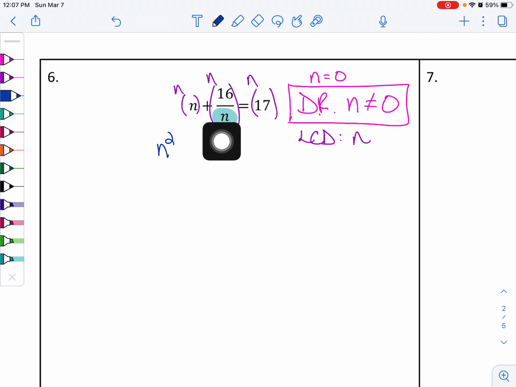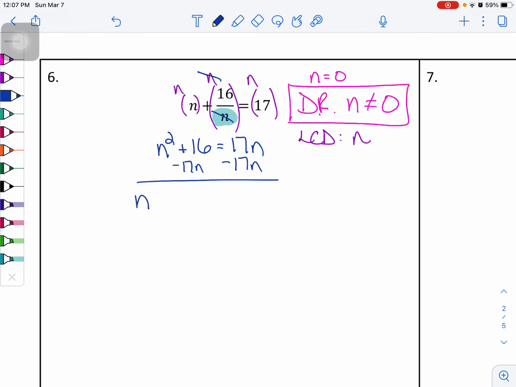So in my first part here, we've got n times n, so that's going to turn into n squared. In the second part, this n will divide out with that LCD, so all that's left is plus 16. And then over here, I've got equals 17 times n, so 17n.